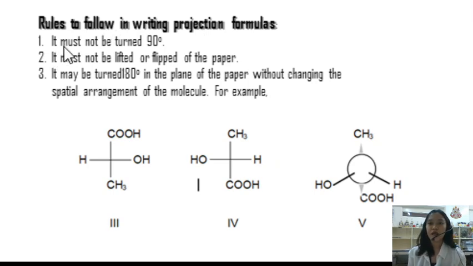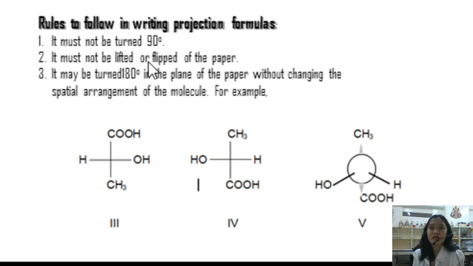Number 1, it must not be turned 90 degrees. Okay. So, sabi ko nga, the 4 different functional groups in a molecule are separated by a 109 degree angle. Okay. So, you shall not, when writing a Fisher projection formula, hindi pwede na i-rotate mo siya by 90 degrees.